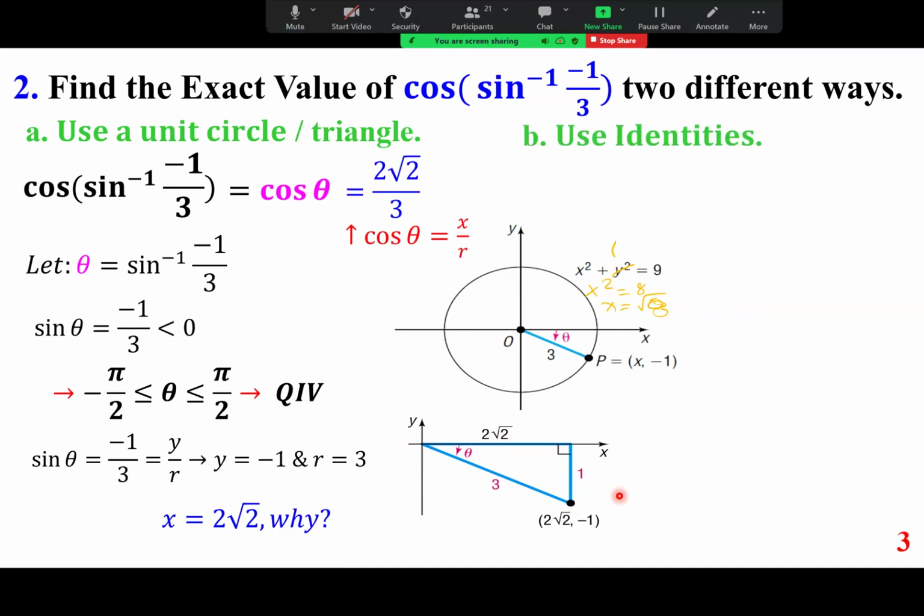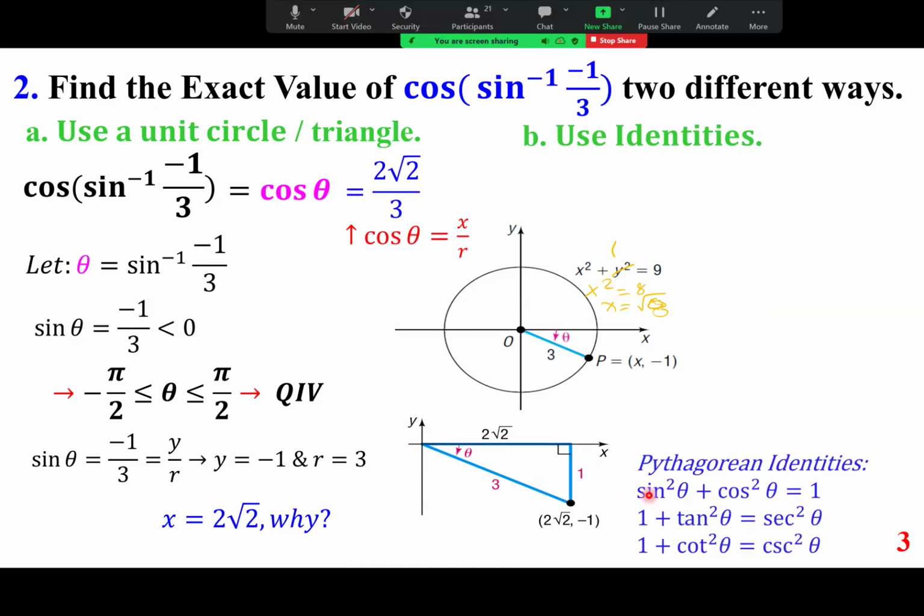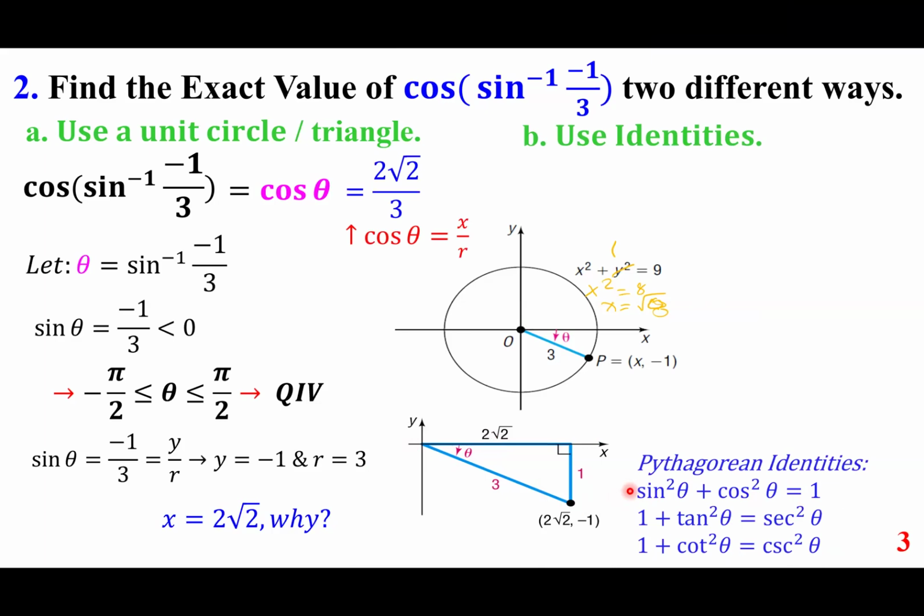The second method is to use the identities. We know sine squared plus cosine squared is 1. The first one that we need, of course, are other Pythagorean identities, and therefore, if sine is given, cosine is plus minus the square root of 1 minus sine squared.